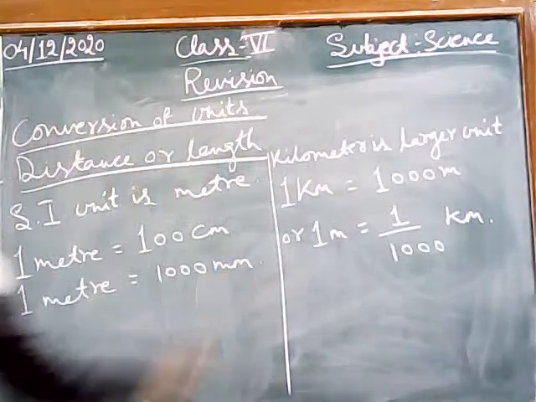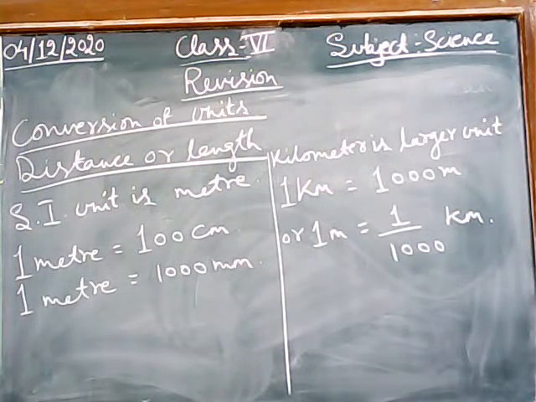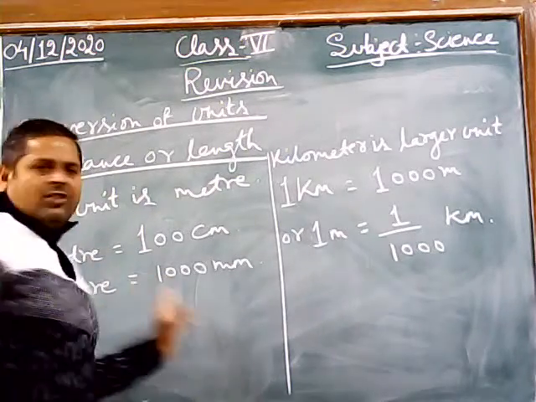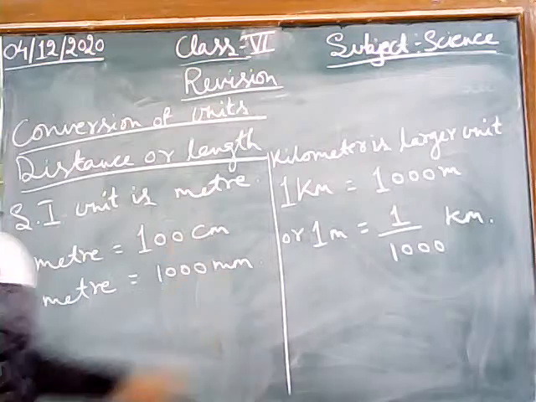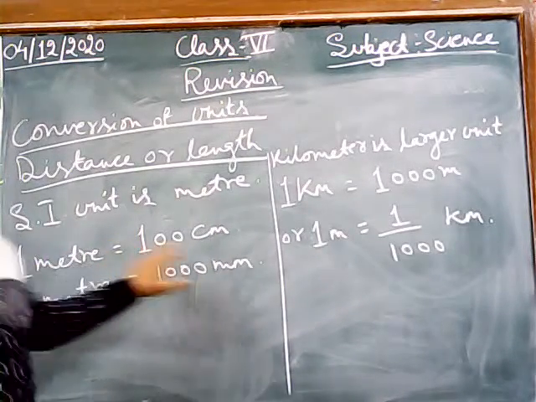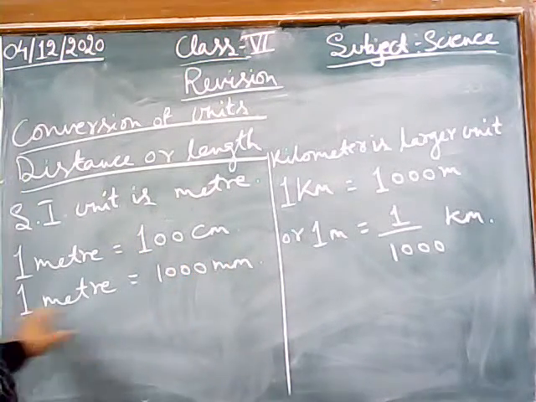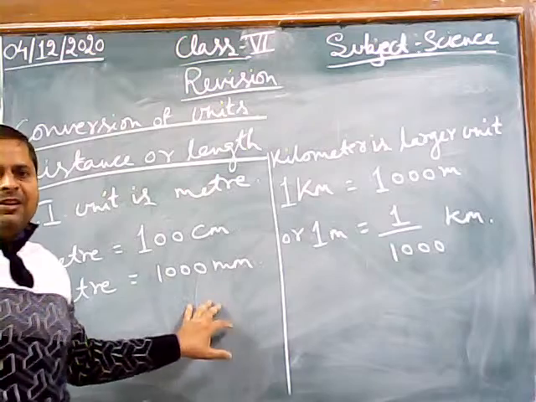This is how you can convert. Let me tell you once again. SI unit of distance or length is meter. 1 meter is equal to 100 centimeter, and 1 meter is equal to 1000 millimeter.